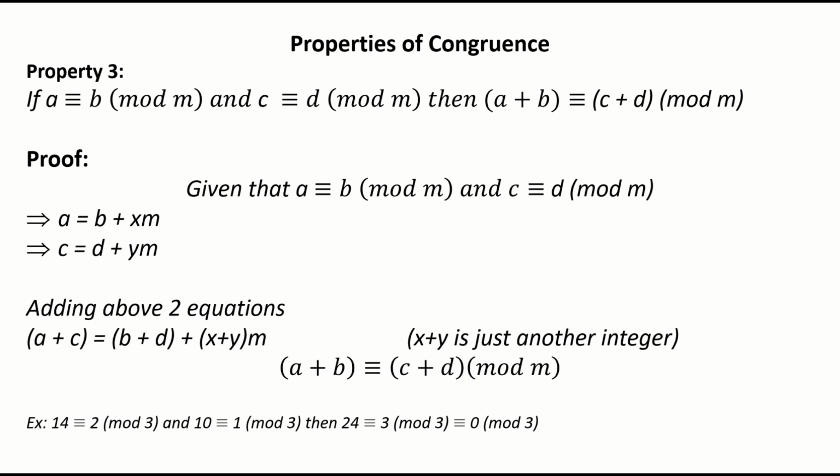Adding the above two equations, we get a plus c equals b plus d plus (x plus y) times m. Here x plus y is just another integer. So you can always say a plus c is congruent to b plus d modulo m.